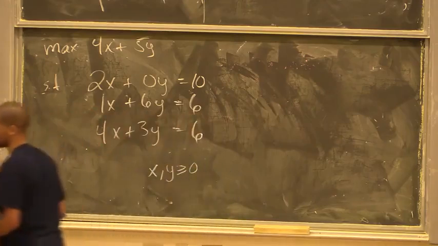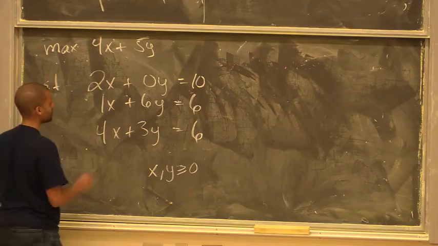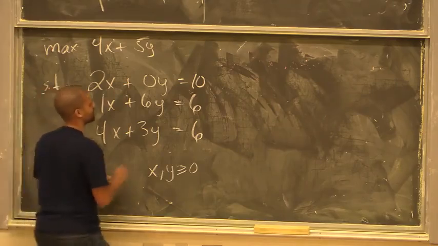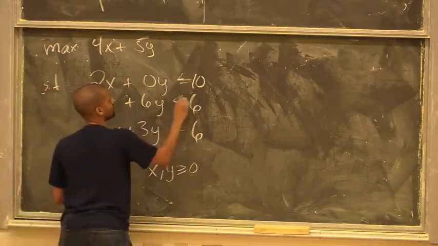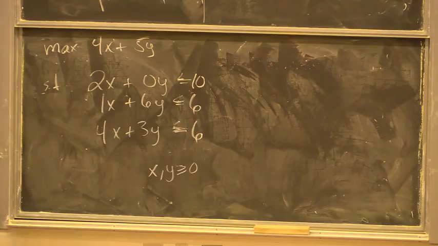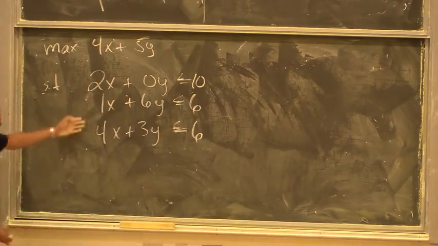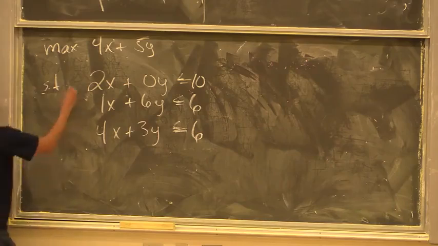Look, suppose I multiplied each inequality by a non-negative number on both sides. Actually, for simplicity of this example, let me get rid of these.